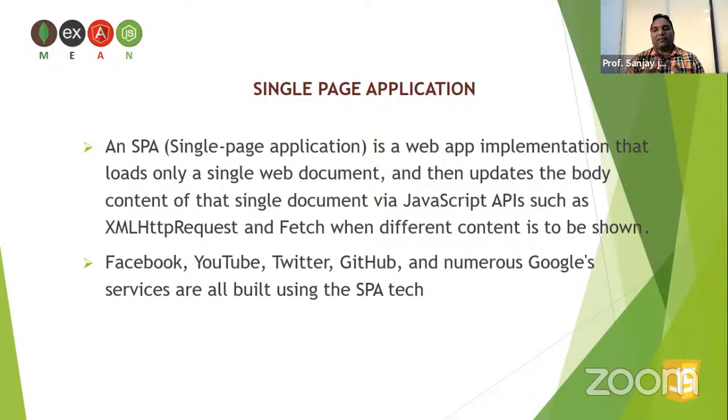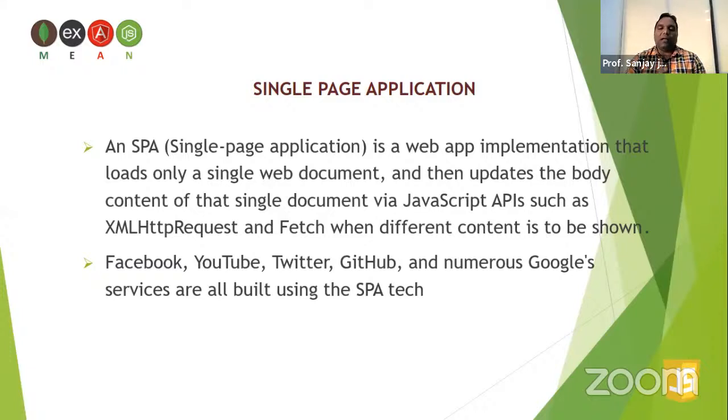A single page application is a web app implementation that loads on a single web document and then updates the body content of that single document via JavaScript APIs, such as XMLHttpRequest and fetch, when different content is to be shown.